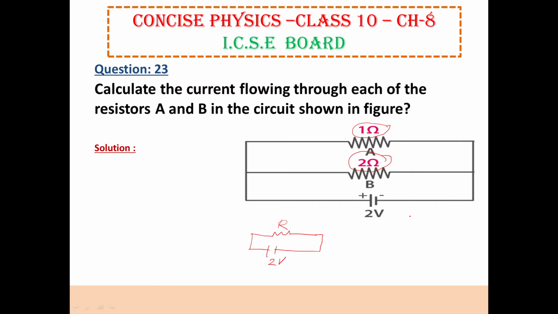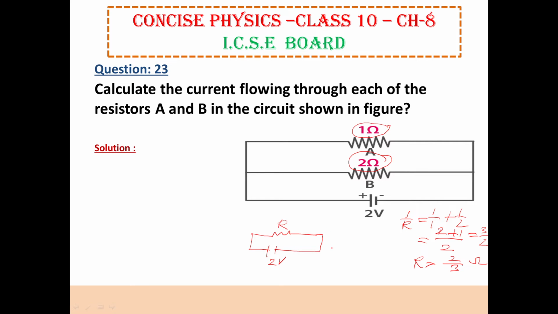So if the equivalent resistance is R, we can write 1 by R, because it is a parallel circuit, equal to 1 by 1 plus 1 by 2. This is 2 plus 1, that is 3 by 2. So R is coming 2 by 3 ohm.